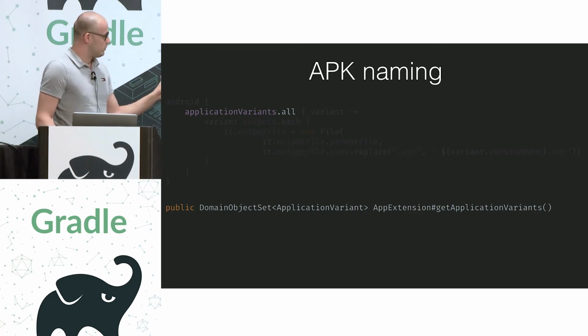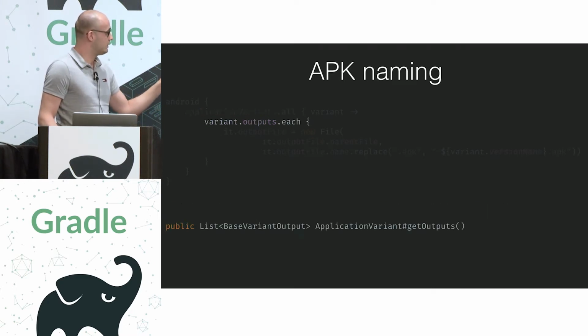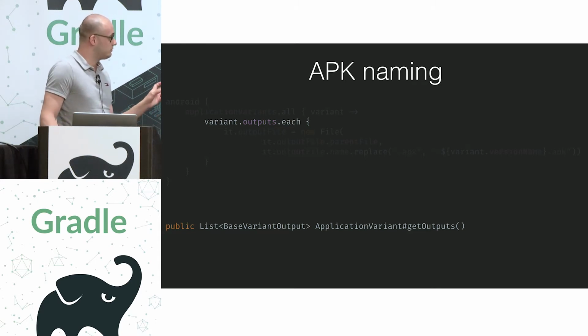So we have the application variants. We get all the variants, and now for each variant, we just take its outputs, because every variant can have multiple outputs, because we can have multiple APKs defined for it, for example.